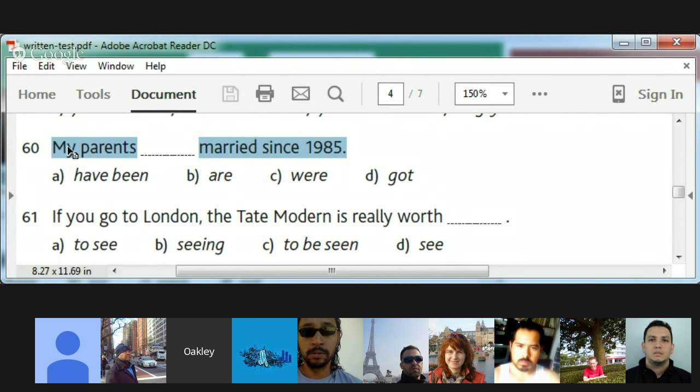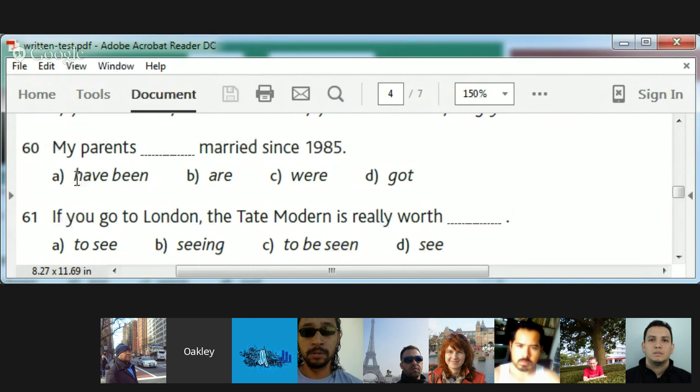My parents are married since 1985. Okay, no. In this case, we are most certainly going to use have been married. We need to use the perfect construction here. Because we have this time phrase, since 1985.